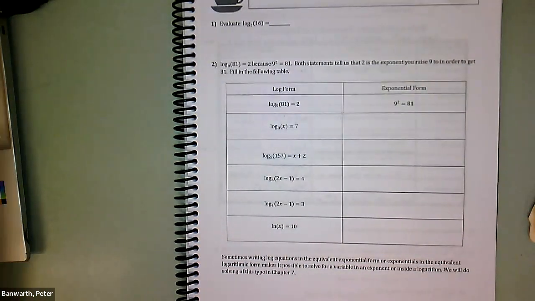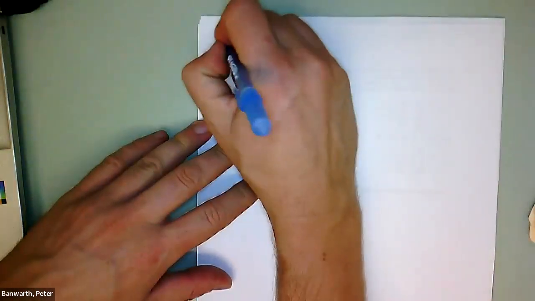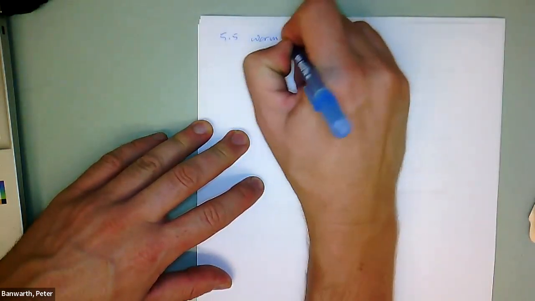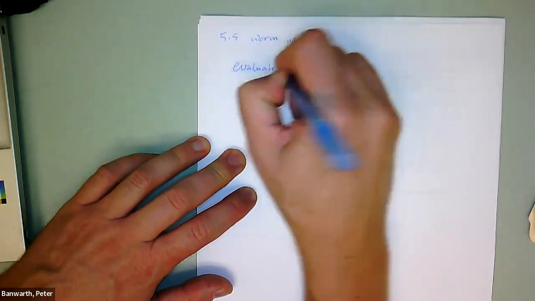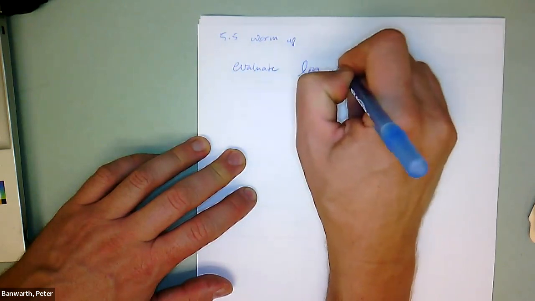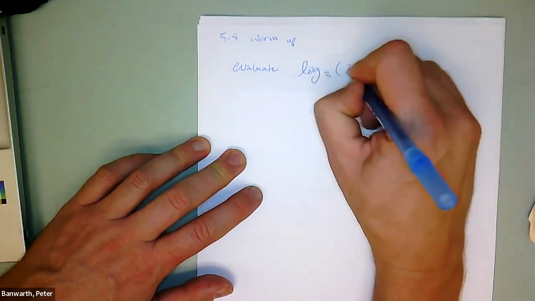It looks like this, although I don't want to do exactly these questions, so come back over here. We've got the 5.5 warm-up. I might start with: evaluate log base 3 of 81.